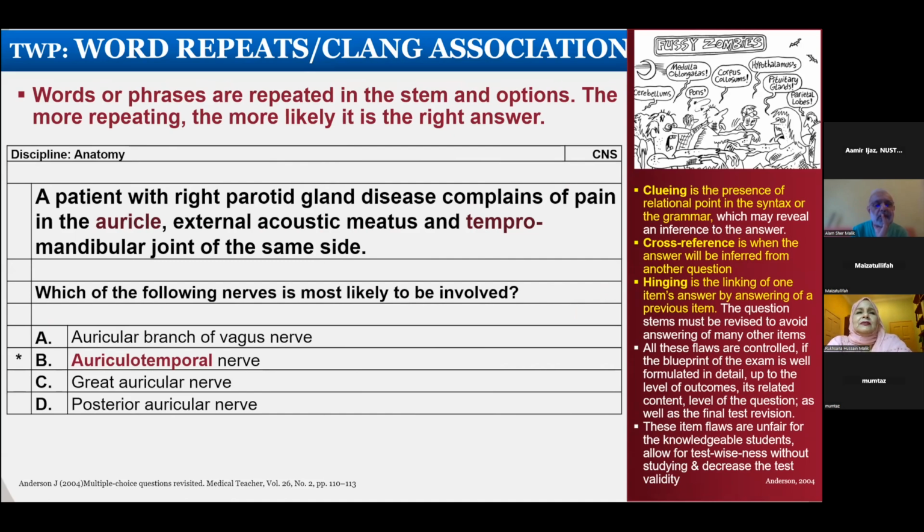Which of the following nerves is most likely to be involved? Auricular branch, auriculotemporal branch, great auricular branch, posterior auricular branch. We would know that it is the auriculotemporal because it mentions the auricle and the temporal, which is the temporomandibular joint. So they will pick it by chance, by guessing, even if they don't know the answer.